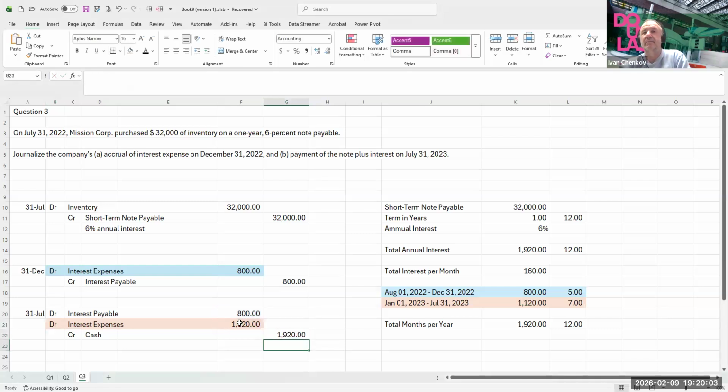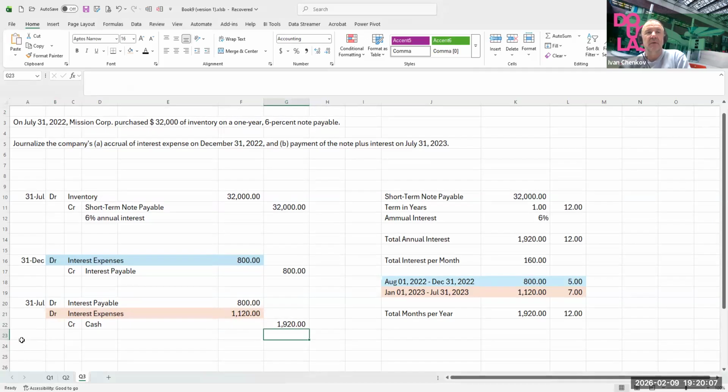We pay the interest. Now let's pay the principal. And on July 31st, let's get debit.